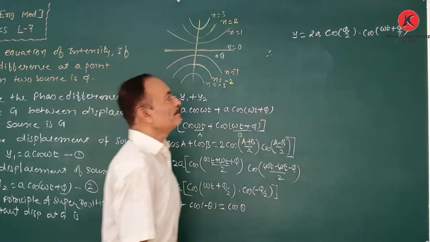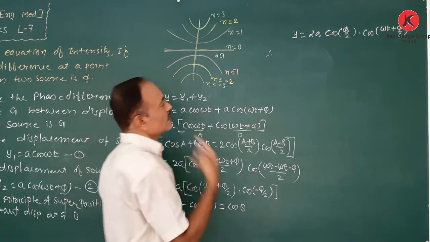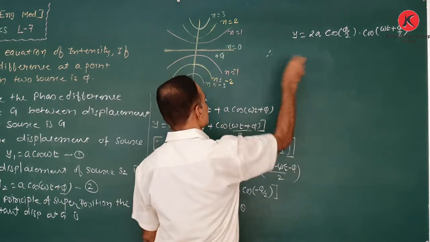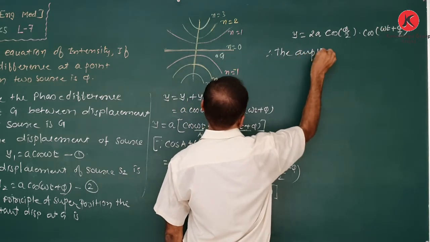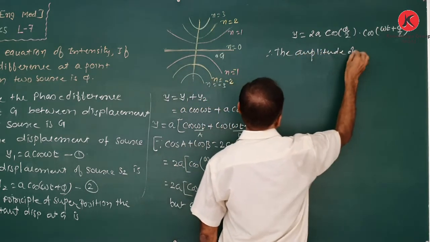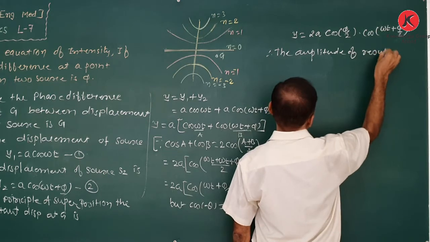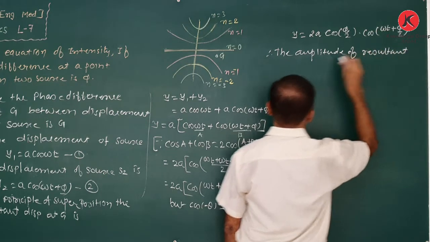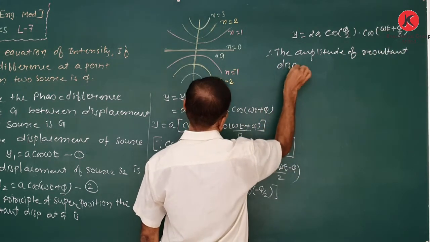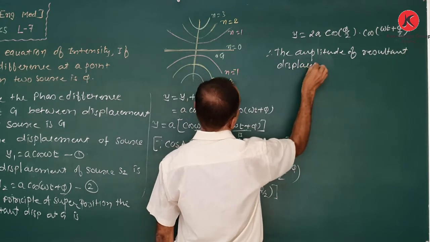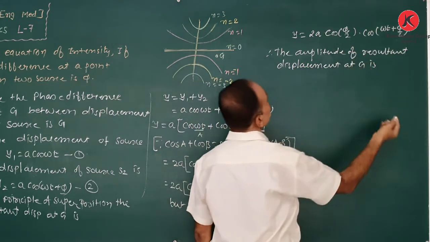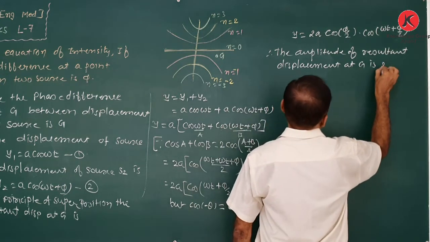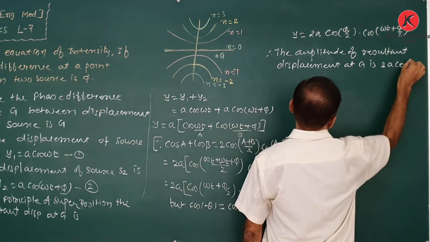Therefore, the amplitude of the resultant displacement at G is 2A cos phi by 2.